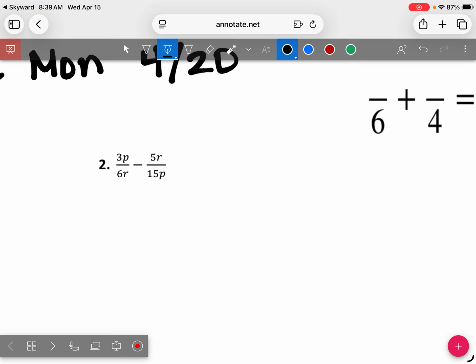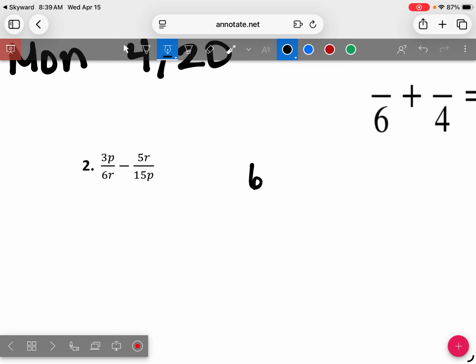So the first thing I want you to do is break down these two to prime numbers. This is a short homework. It's only 8 questions.